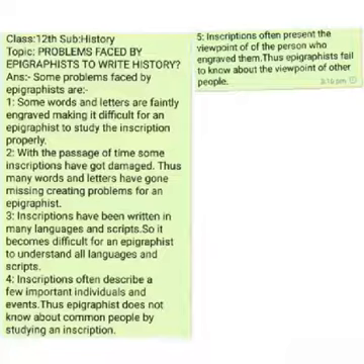Sometimes the letters and words in an inscription are faintly or roughly engraved, which makes it difficult for the epigraphist to deduce or find out some information from this inscription.